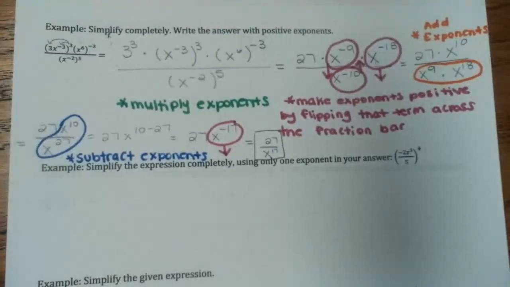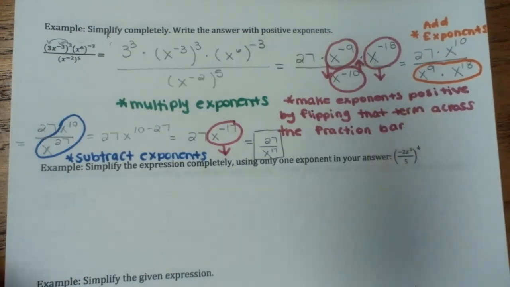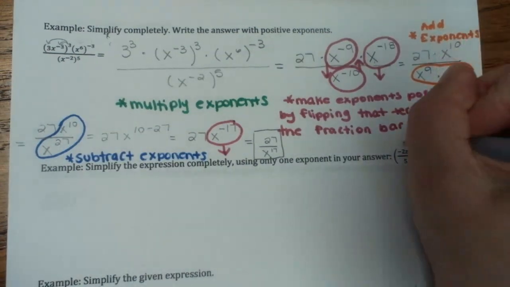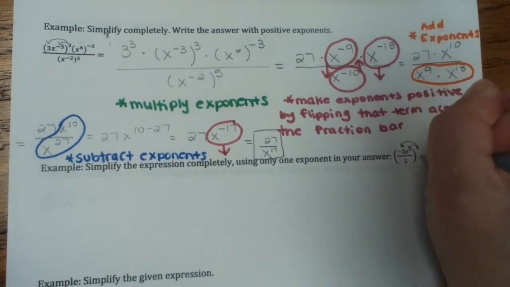All right, let's do another one. Simplify the expression completely using only one exponent in your answer. So we have negative 2z cubed all over 5, all to the 4th power. Here there's no adding or subtracting, so I can take that 4th power and distribute it to every single term.